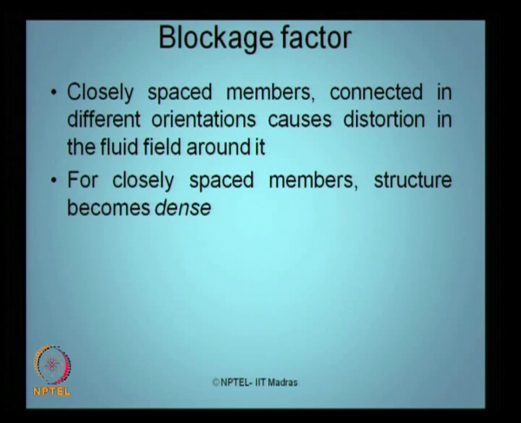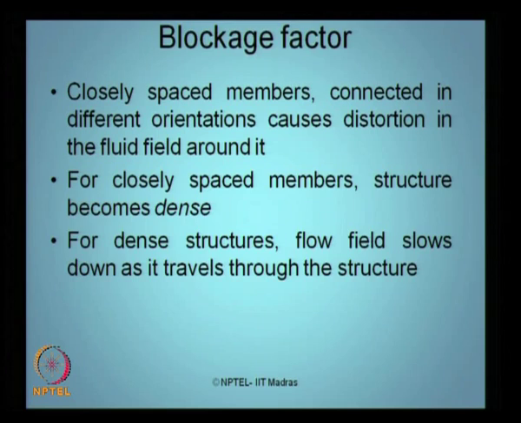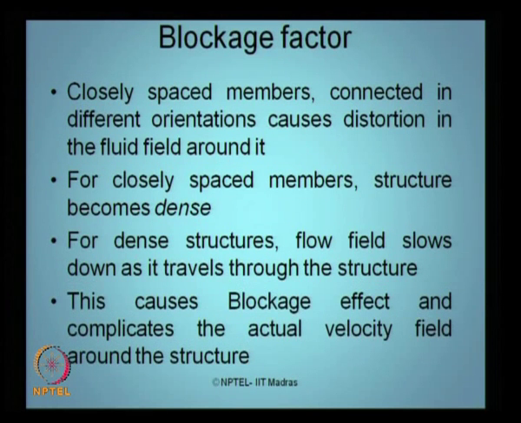So the structure is considered dense in its terminology. The structure becomes dense because of the group of cylinders, therefore the flow field retards or slows down as it passes the structure. So this causes what technically we call the blockage effect, and it complicates the velocity in the vicinity of the structure.